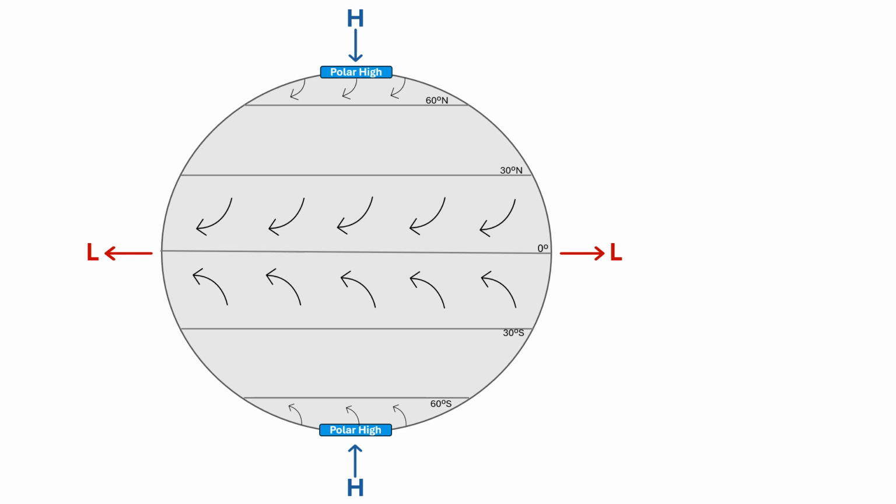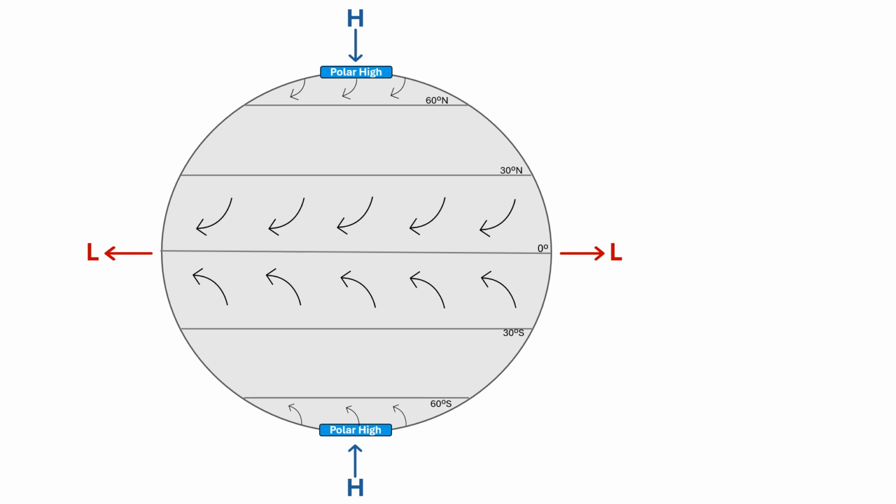Because that pressure at the poles is high, that is driving air down towards the surface. When it hits the surface and begins to flow over the surface, it is going to deflect to the right in the northern hemisphere, to the left in the southern hemisphere, and this is going to get us eastward flow of winds.